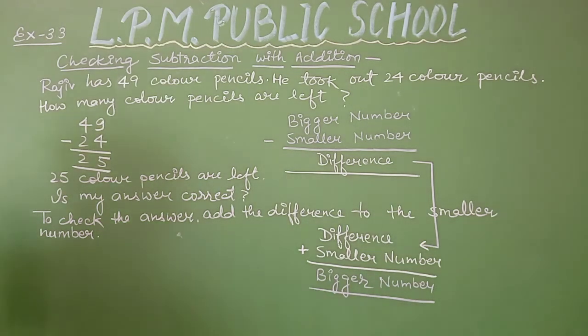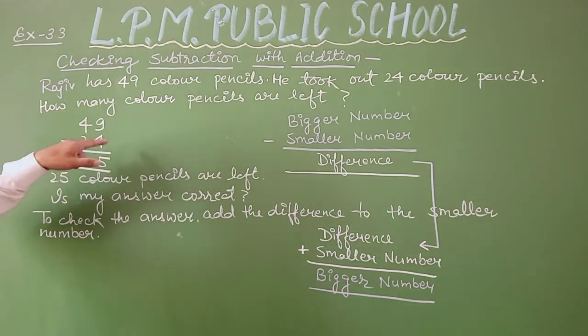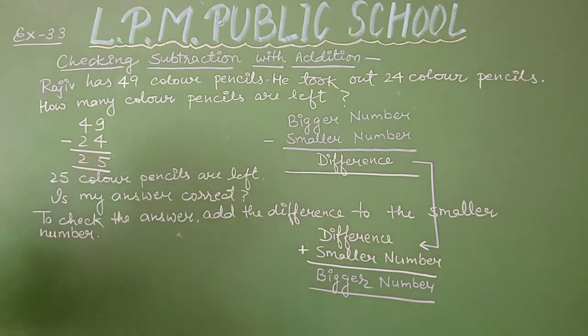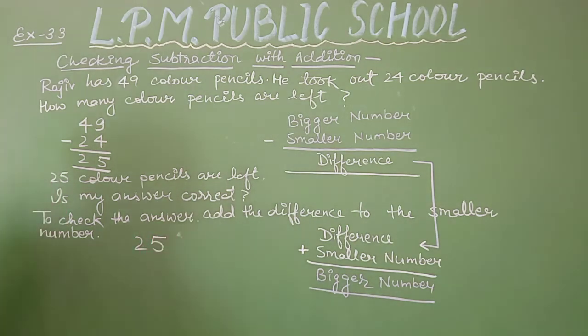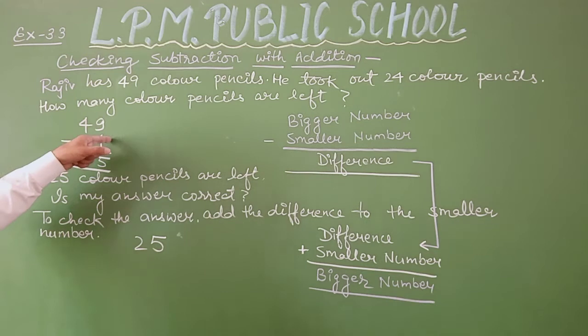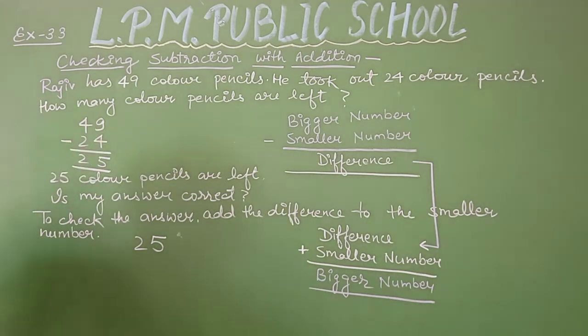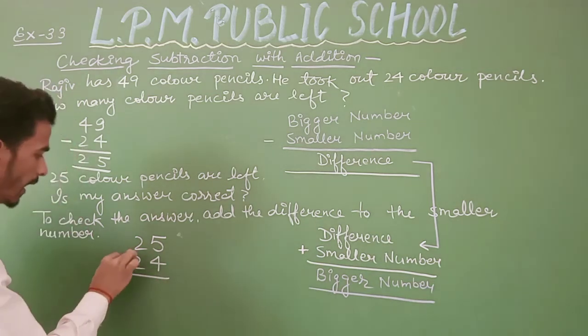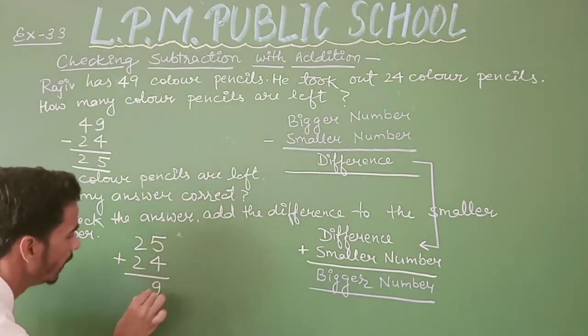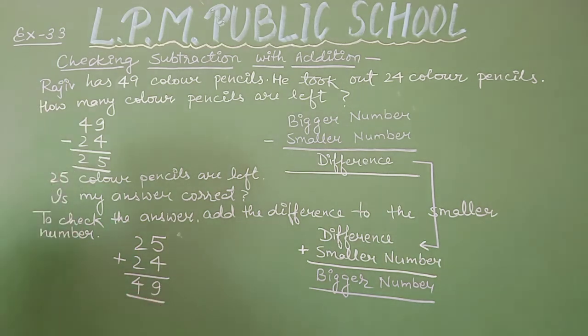What is the difference? The difference is 25. And the smaller number is 24. When we add 24 and 25, that is 5 plus 4 is 9 and 2 plus 2 is 4, so 49, and 49 is the bigger number. So when we add the difference and smaller number, it becomes equal to the bigger number.